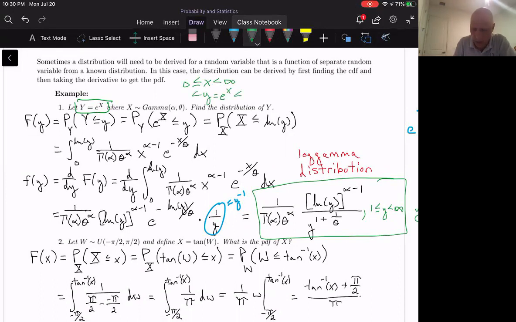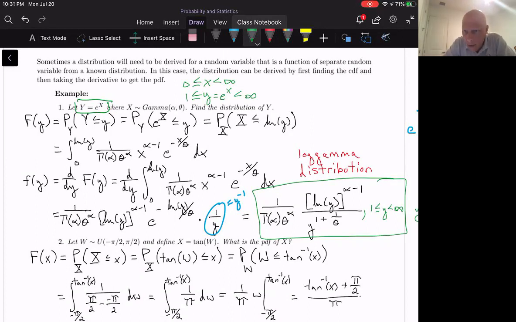And so at its lowest bound, when x is 0, what's e to the 0? And then as x gets bigger and bigger and goes to infinity, what's happening to the exponential function? Yeah, it goes to infinity. And so that's why the support is 1 to infinity for y.